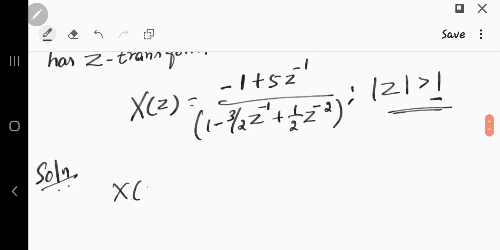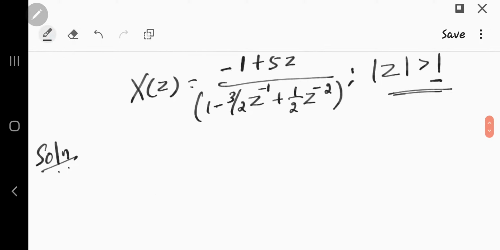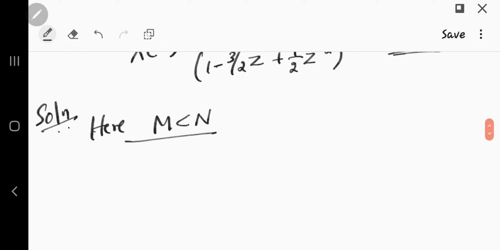I am not going to write that again, since we can see it here. I will directly start applying that. Now if you observe this, we can see that m is less than n. So here m is less than 1. So we can apply partial fraction expansion.